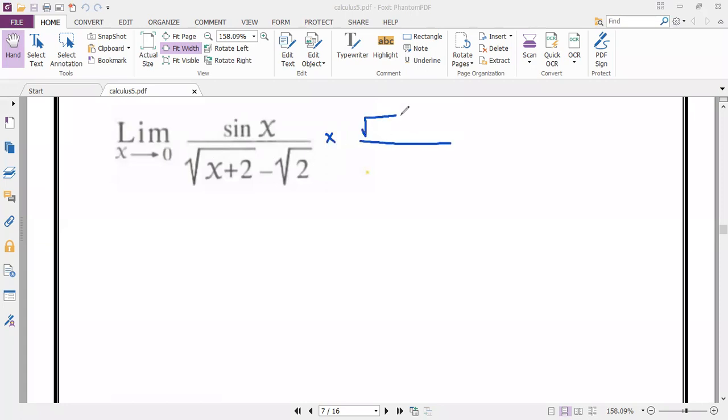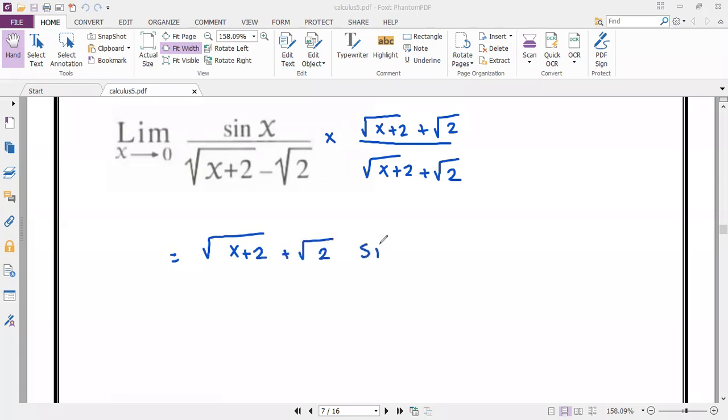The conjugate is the square root of x plus 2 plus the square root of 2, up and down. So the denominator is the square root of x plus 2 minus the square root of 2 multiplied by the conjugate. That is going to be x plus 2 minus 2. Then cancel 2 and 2.